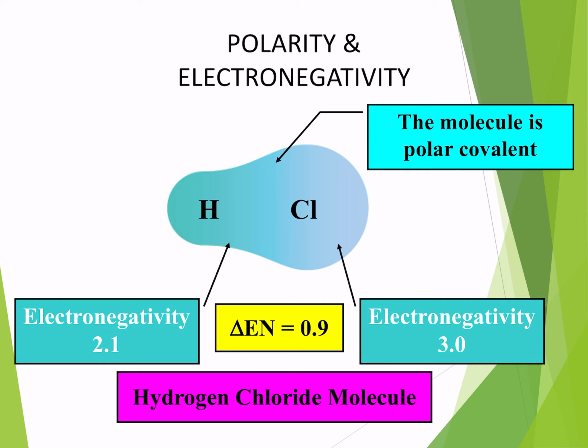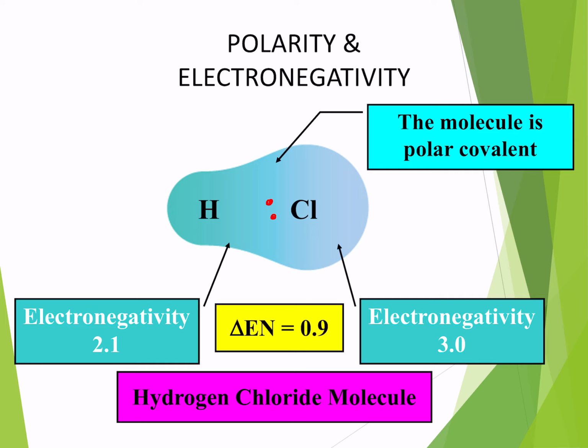If we were to assign the partial negatives and partial positives, which you'll usually do if I'm asking you about polarity, we would look at which one is more electronegative. Chlorine is more electronegative than hydrogen, which means it will pull the electrons closer to the chlorine. Rather than sitting directly in the middle, they're sitting closer to chlorine than to hydrogen.